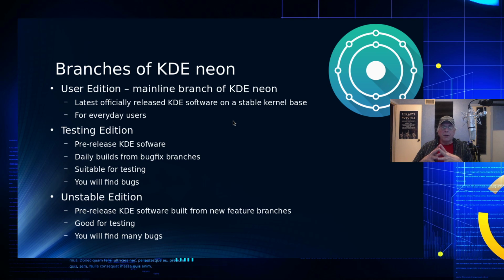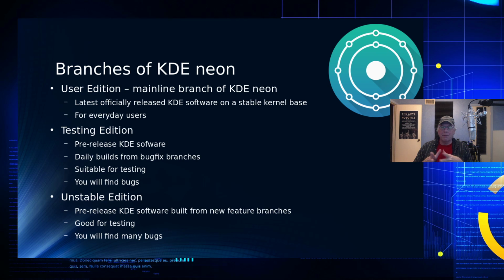So there are three branches of KDE. It does have a release schedule. There's the user edition, which is the mainline branch of KDE Neon, and in that you'll find the latest officially released versions of the KDE software, as well as a stable kernel base. And it's merely meant for everyday users. The testing edition, however, is pre-release KDE software.